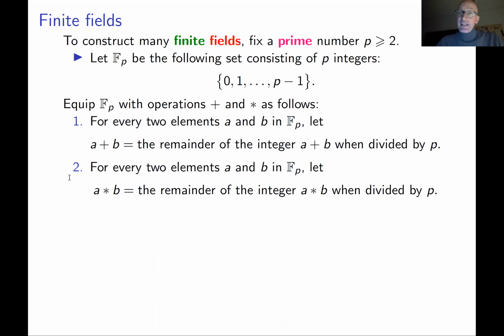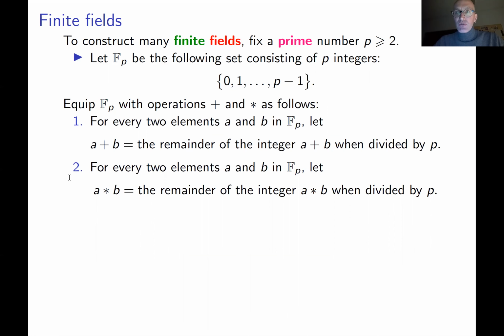A plus b is the remainder of the integer a plus b when divided by p. And likewise, a times b is the remainder of the integer a times b when divided by p. In the accelerated proofs and problem solving course, this set is probably going to be denoted by Zp. This is another notation for this set.